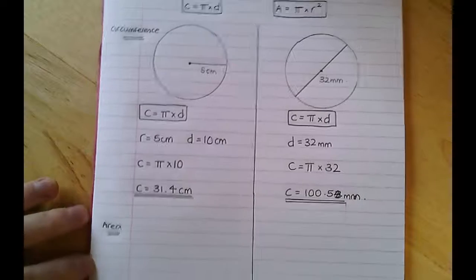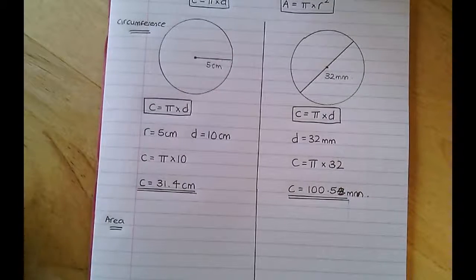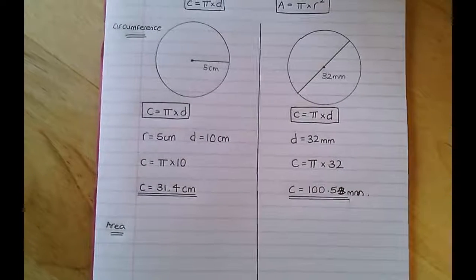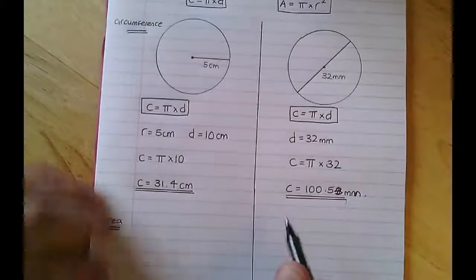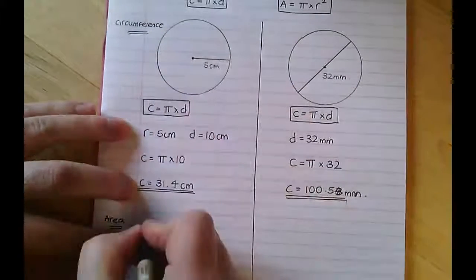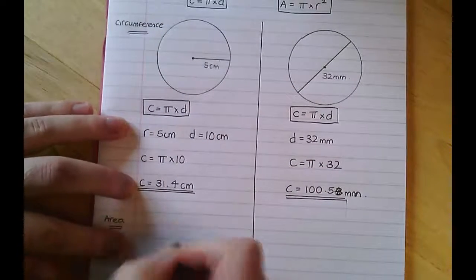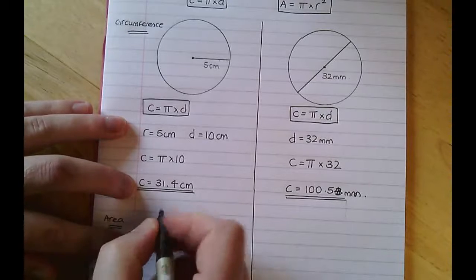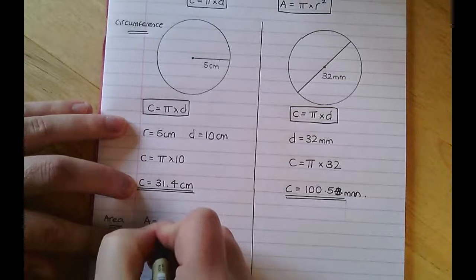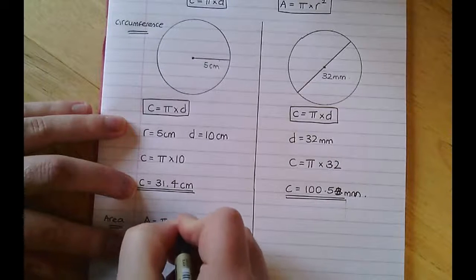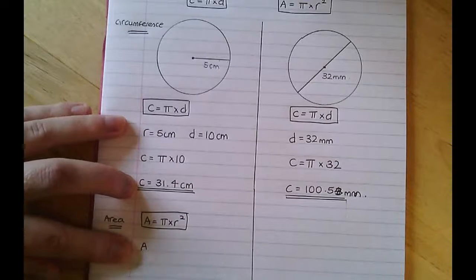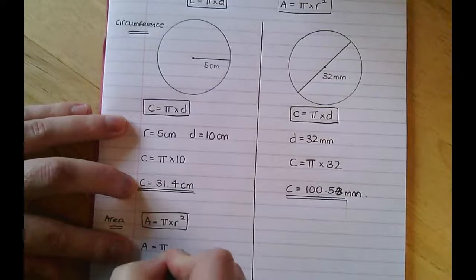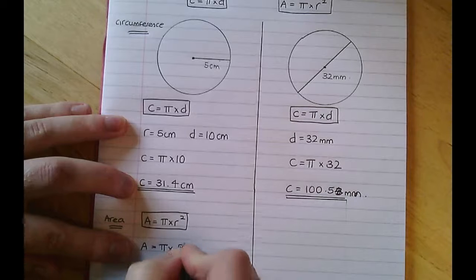Right, so for exactly the same circle, we're now going to use this formula here. So again, we're told that the radius is 5 centimetres. So area is pi times the radius squared. So the area is pi times 5 squared.